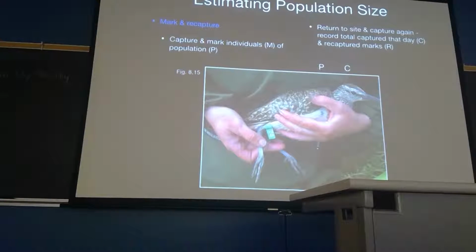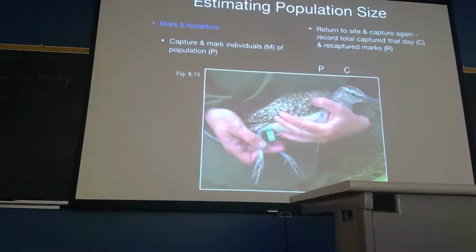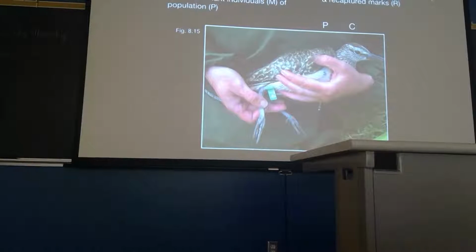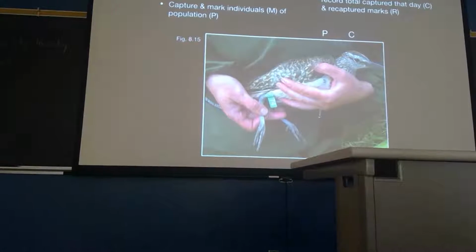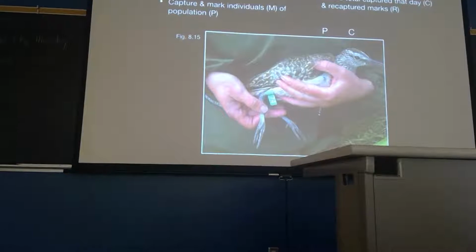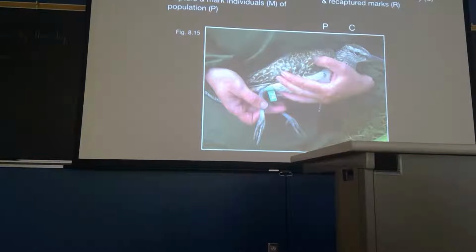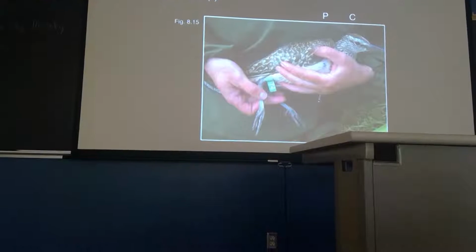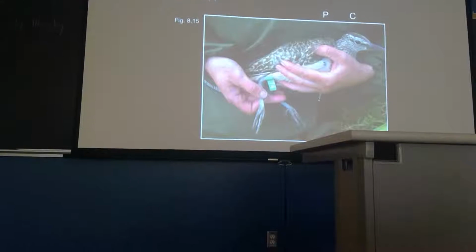The next thing you have to do is go back to that same place, or another site along the geographic range of these organisms, and recapture organisms again. The second time you go, you're not necessarily going to tag. You can do some tagging too, but that goes into your future estimates of population.